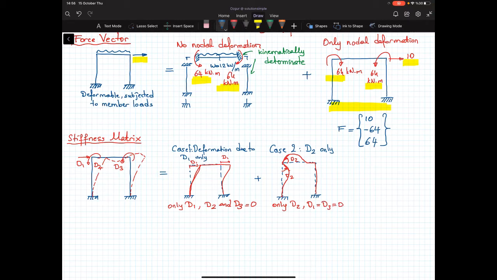Then plus case 3, as we expect, this is D3 only. So again, let's sketch the deformed shape. Now here we have D3 only, 0 rotation and no translation. And this rotation is equal to D3.